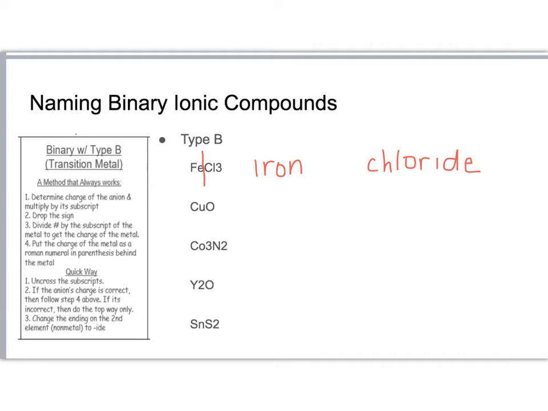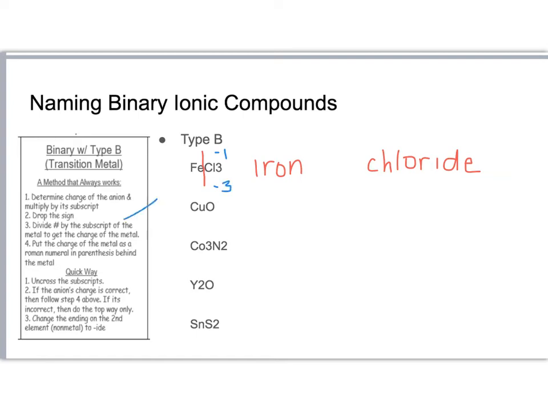And so what I'm going to do is come up with the charge of the anion. The charge of the anion, according to your reference sheet, is -1. I know that I have 3 of those chlorines, and so if I multiply 3 times -1, I will get a net charge of -3.